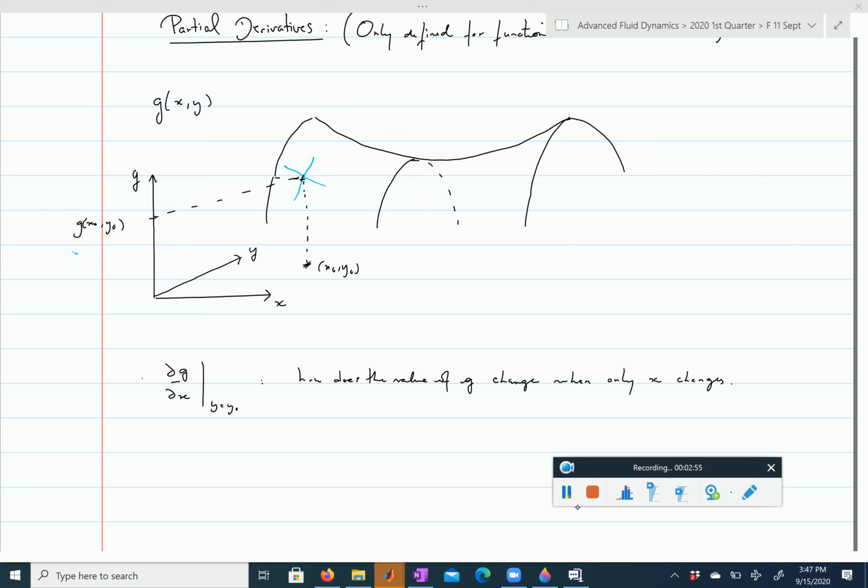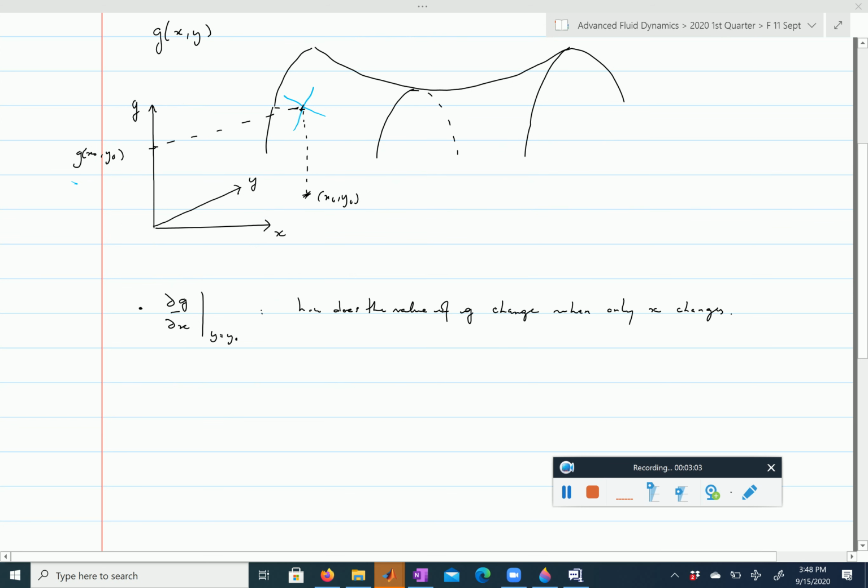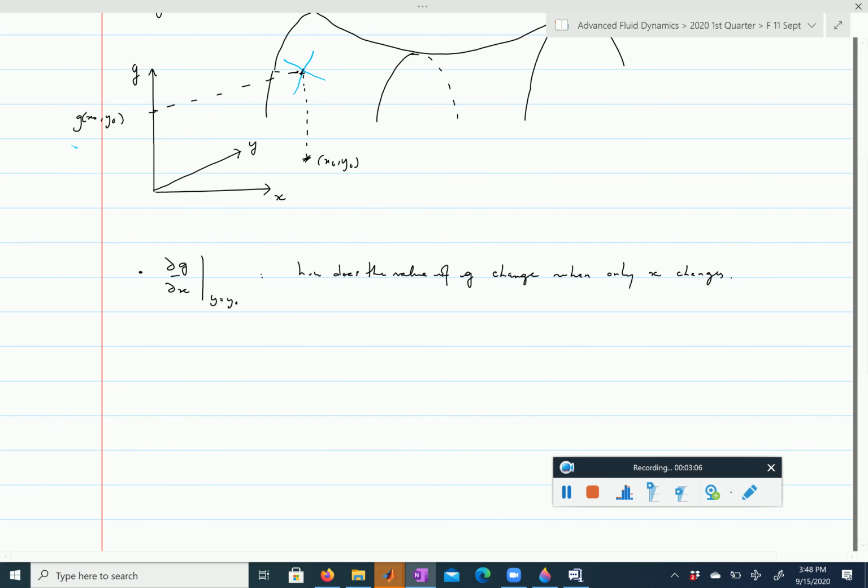This corresponds to moving in this direction, and here the value of the function would decrease. So the partial of g with respect to x would be negative. Another way of describing this partial is to say that this represents the rate of change of g with respect to x, y being fixed.